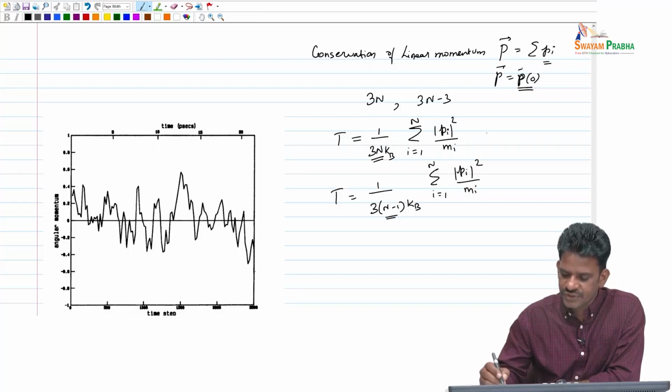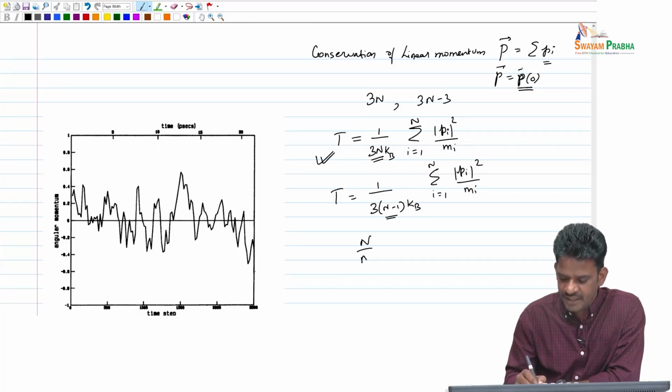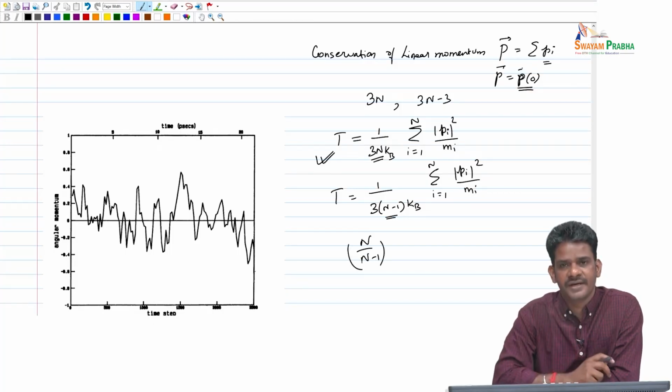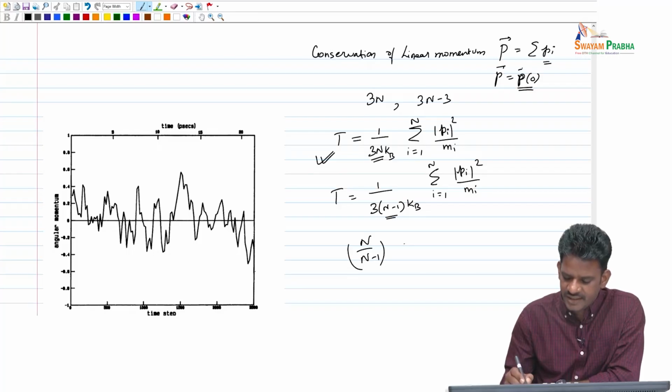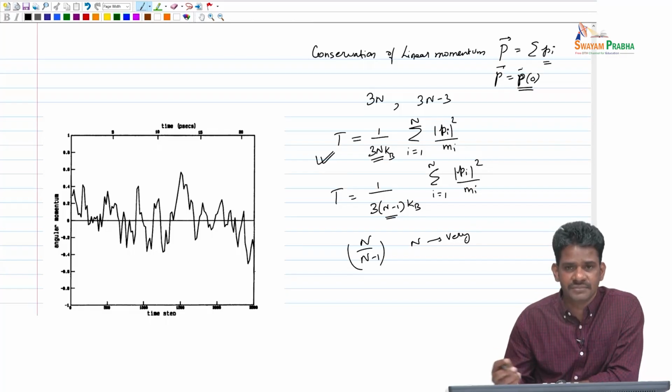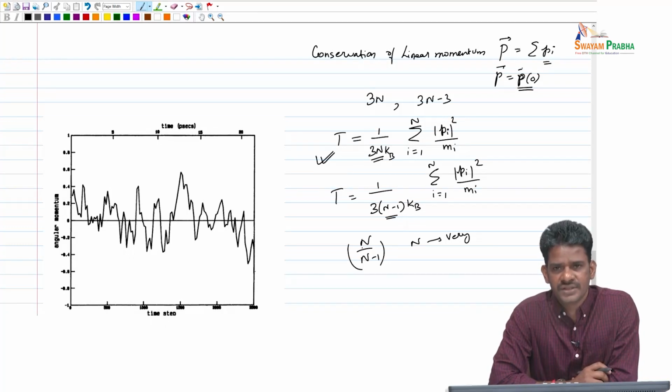Because of this, the temperature that we actually calculated with this is lower by a factor of n by n minus 1. You can see that this factor is negligible as long as n is very large. But when n is very small, maybe like 10 or 50 or 100, then this quantity can be quite significant.